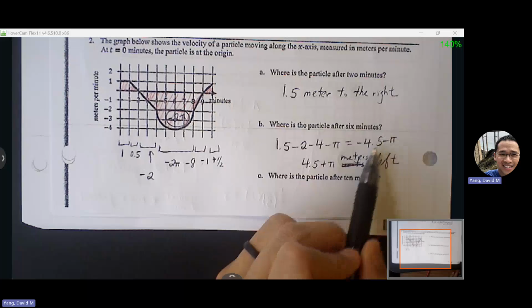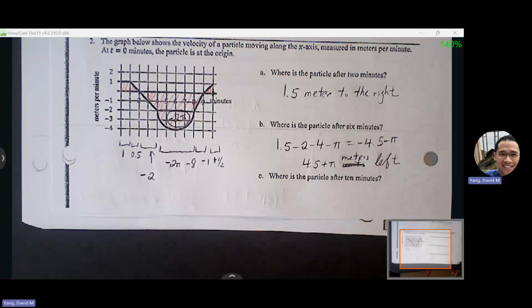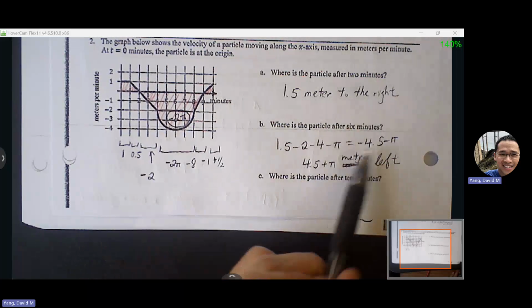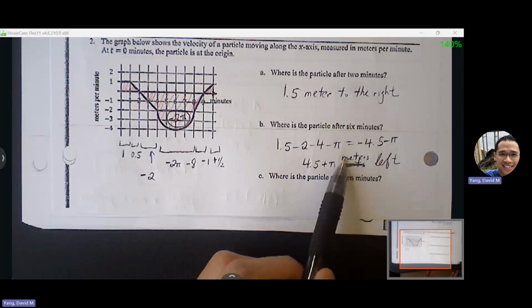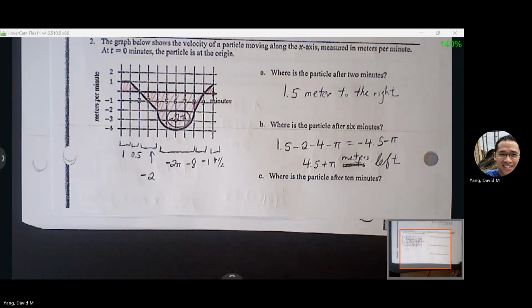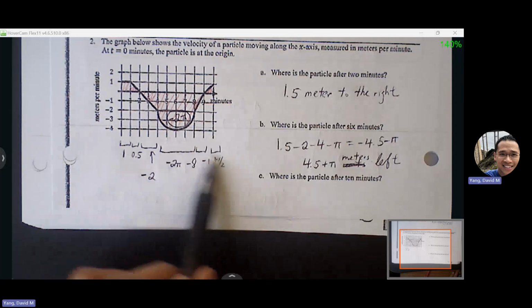So we know that negative 4.5 minus pi indicates he's going to be left of where he started. So we can say 4.5 plus pi meters to the left. And then after 10 minutes, we can just add up all these values together.